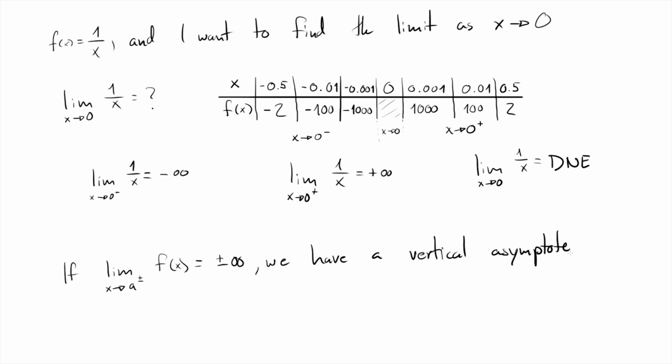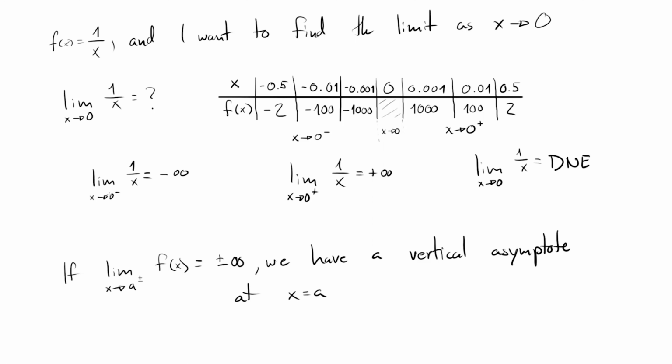Okay, so if we ever find ourselves getting a positive infinity or a negative infinity, we know that we're going to have a vertical asymptote at x equals a. Okay, so whatever this a number is.